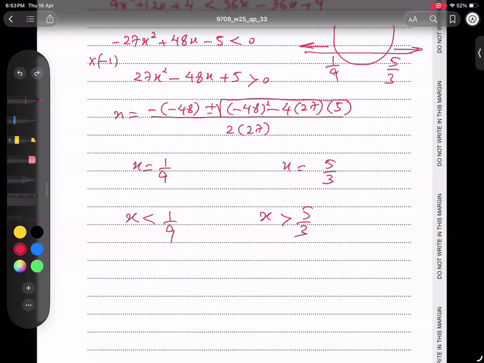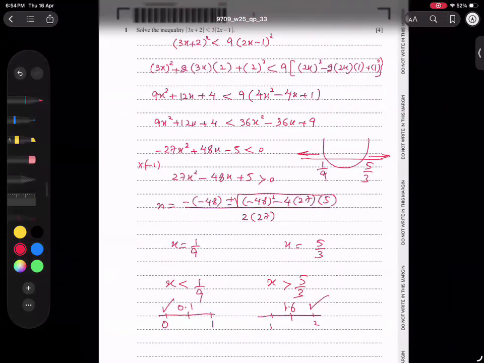We will plug in values. 1/9 is basically 0.11, so less than that we have 0 and 1. And 5/3 is 1.67, so there is a 1 and a 2. Because it is more, I will take 2. These two values I will plug into the top equation. If it is satisfied, then okay; otherwise I will leave it.